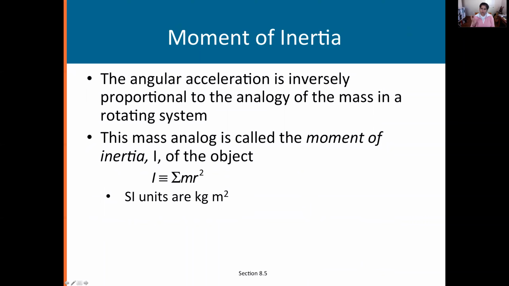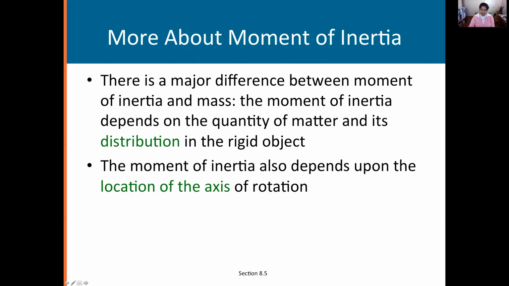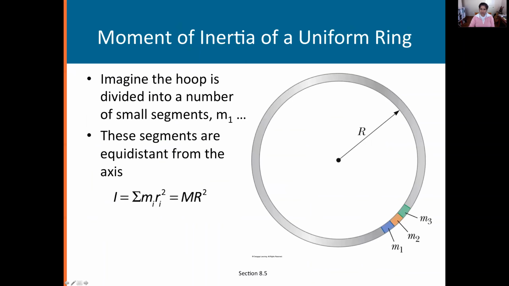It's analogous to the mass in the sense that this offers the resistance to change in motion when an external torque is applied, yeah? It's different from mass in that it depends on the distribution of the mass about the axis of rotation. So the values of m and how far they are from r, which is the distance from the axis of rotation.